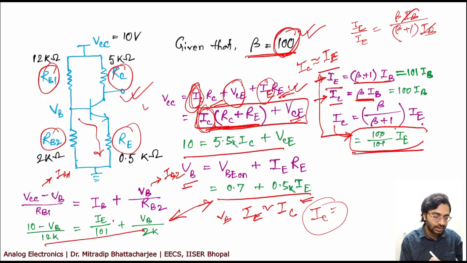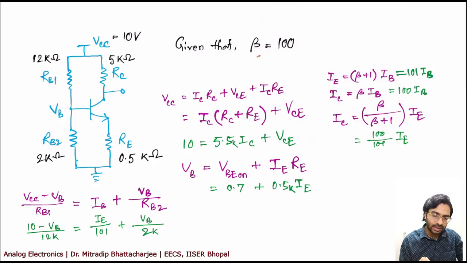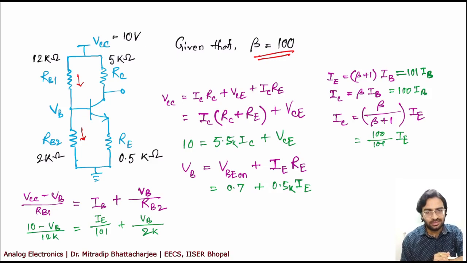Okay, so you have this circuit. However, there is another method through which you can solve this circuit. If you see that your beta value is very high, you can say that your IB1 and IB2 are almost equal, because your IB will be very less, right? What is your IB value? It will be IC by beta.